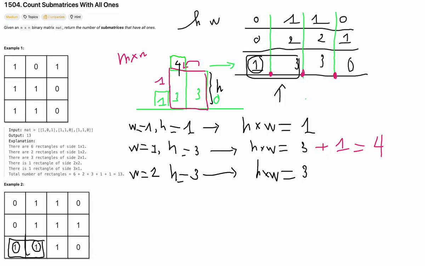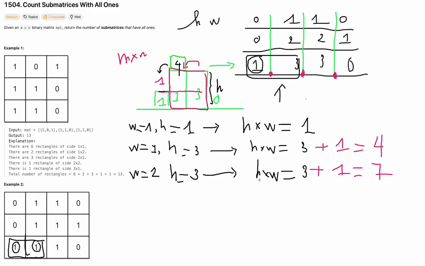However, we need to consider this case as well. When we iterate and see this case, it means we can also pad the same number of rectangles on this and on this as well, to make another rectangle. So in here we can have another one.